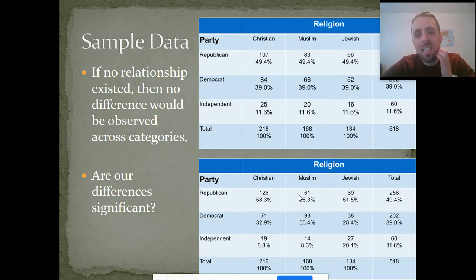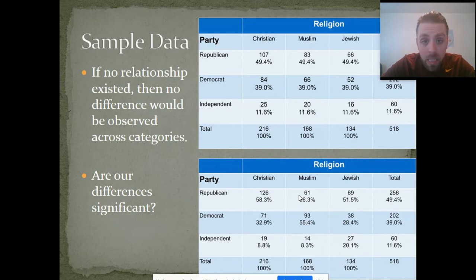So put another way, let's compare the top table, which is a hypothetical no association, to the bottom table, which is our actual data. If there is no association between these 2 variables, I would expect 49.4% of Christians to be Republican. However, what I actually see is that 58.3% of all Christians are Republican.